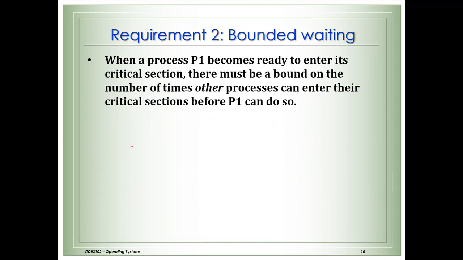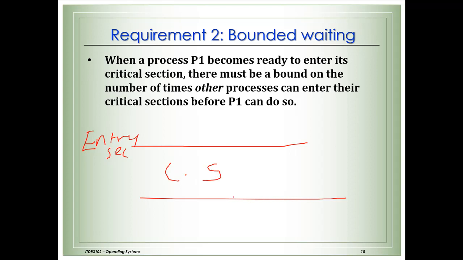Let's say this is the entry section. So we have the critical section, then we have the remainder section, and finally the exit section. Now let's say there are three threads, T1, T2, T3.